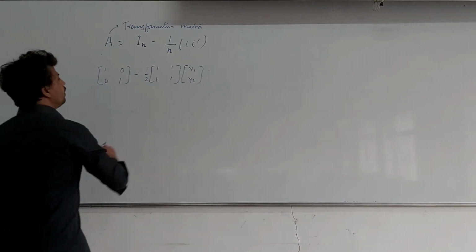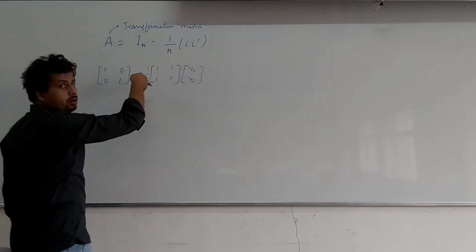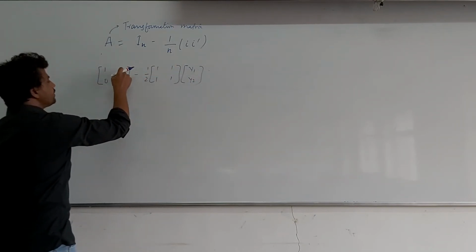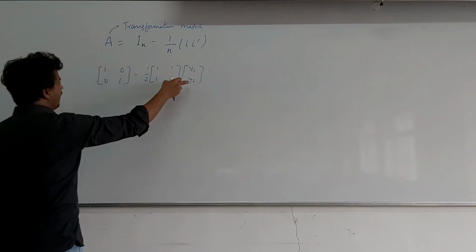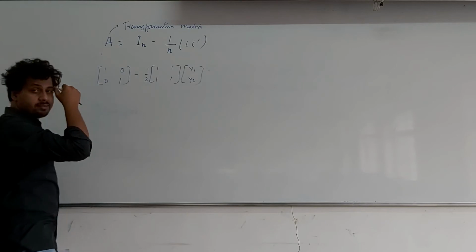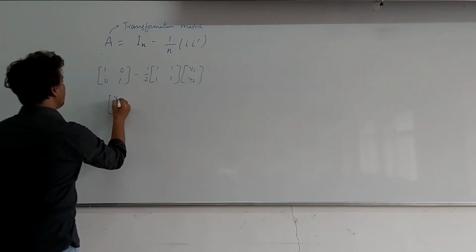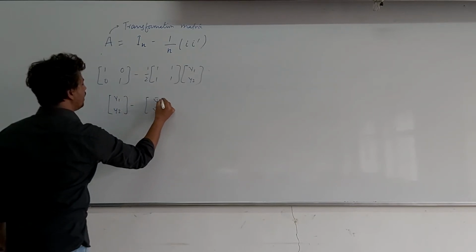And this will also get multiplied here because this is multiplied by the whole. So y1 times 1 plus y2 times 0, the first element will be y1. y2 times 1 plus y1 times 0, the second element will be y2. So here I have y1 y2 and here I have y bar y bar.